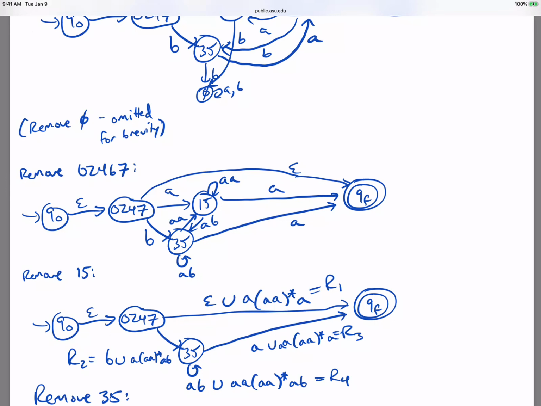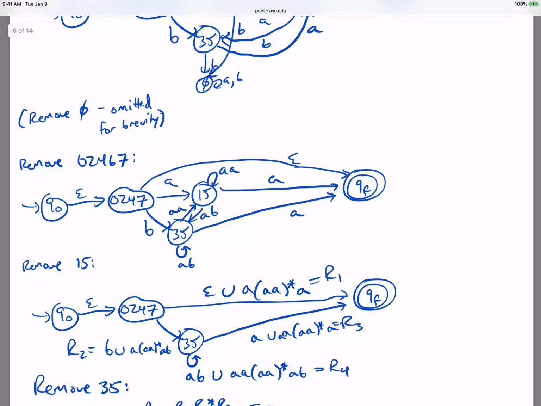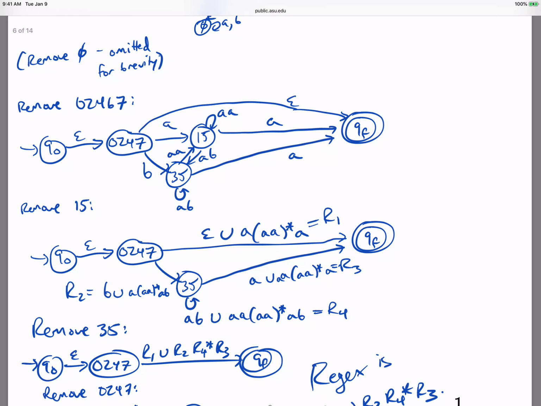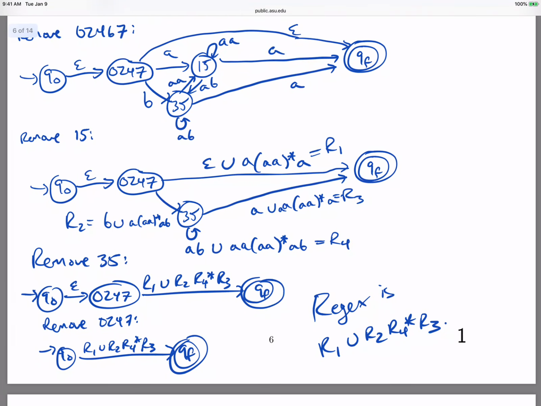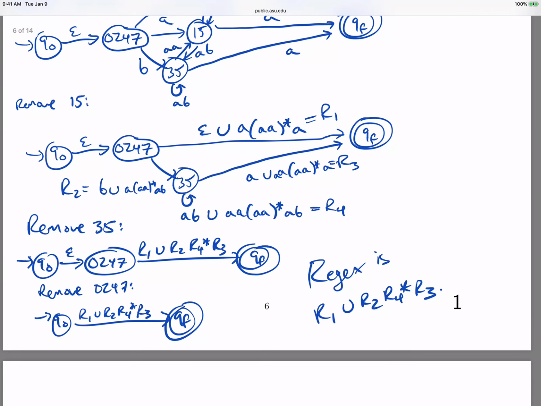If we rip 02467, I'll let you check the details. I'm pretty sure I got that right. Then I'll get this GNFA, then remove one more state, one more state, one more state. And then I renamed the regexes along the way, and then I get this regex at the end. By the way, if you rip states in a different order, will you get this exact regex?